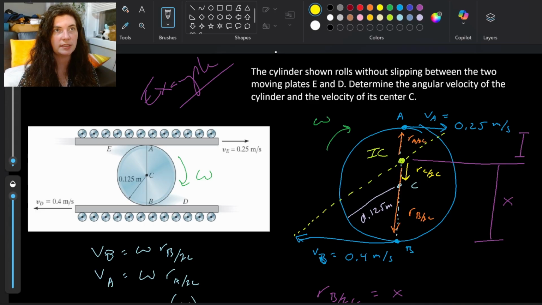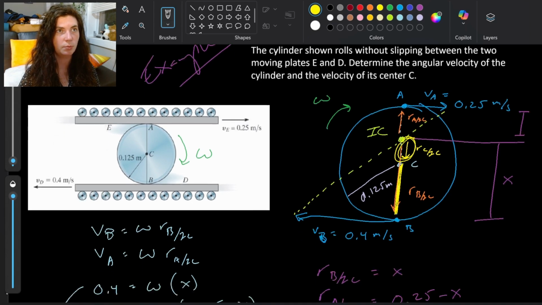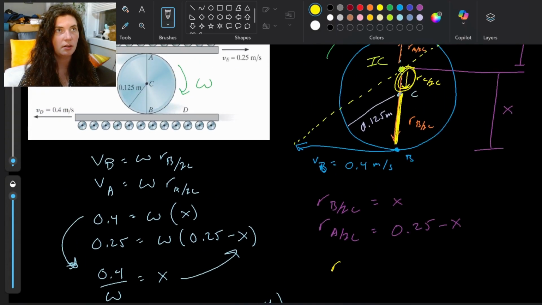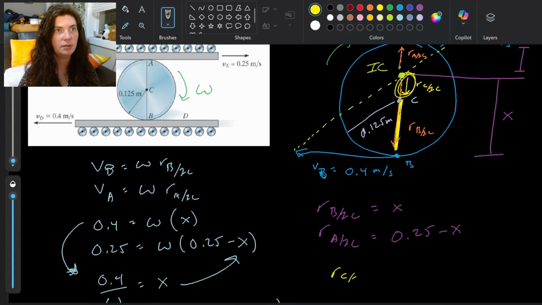If IC is at X, and we know that this radius is 0.125, then this little distance here is X minus 0.125. So R of C with respect to IC is going to be X minus 0.125.